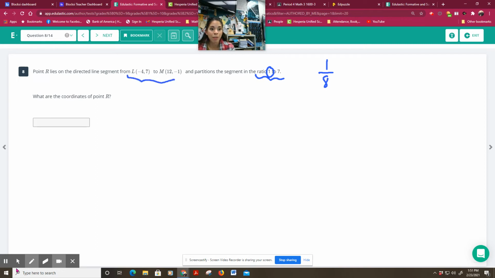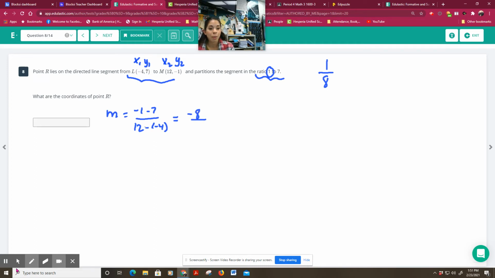The next step is we have to take the slope, or find the slope between these 2 points. Remember, order matters because this is a directed line segment, so it has direction to it. So m equals y2 minus y1, so -1 minus 7 over x2 minus x1, so 12 minus a -4. -1 minus 7 is -8.